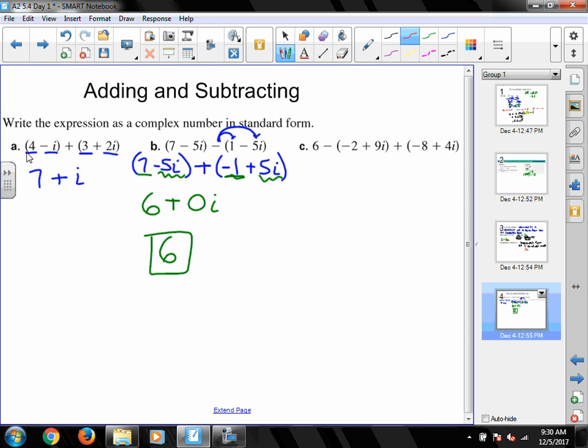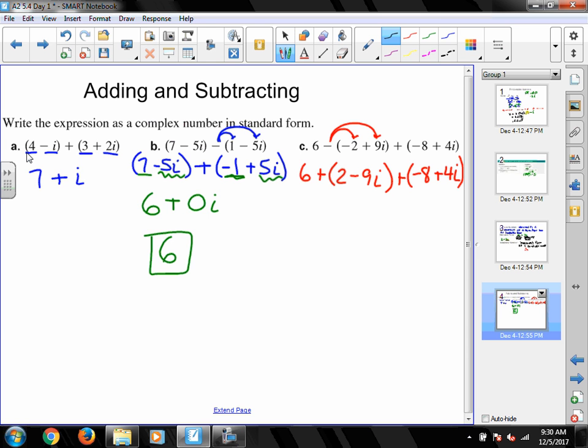Again, for C, I'm going to distribute this negative and change to an addition problem. This is the same process, it's just a little bit longer problem. So I'm going to get 6 plus 2 minus 9i plus negative 8 plus 4i. And now we collect all of our like terms.